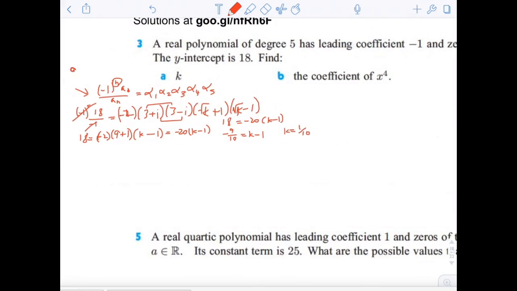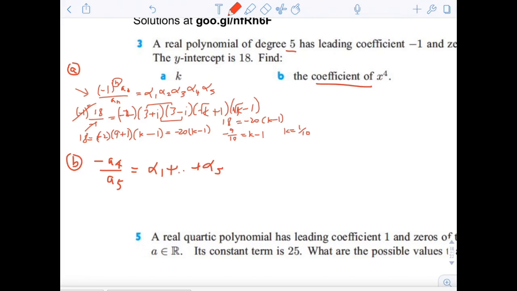Let's look at part B now. Part B is talking about the coefficient of x to the fourth. Remember that this is a degree 5 polynomial, so x to the fourth is the second term. The coefficient of the second term, a to the n minus 1, or a fourth, negative a to the fourth divided by a to the n, which is a to the fifth, is equal to all the roots added together.